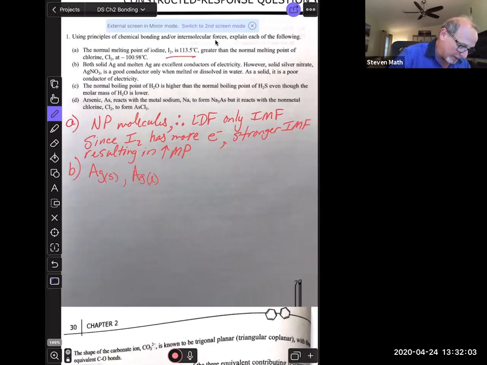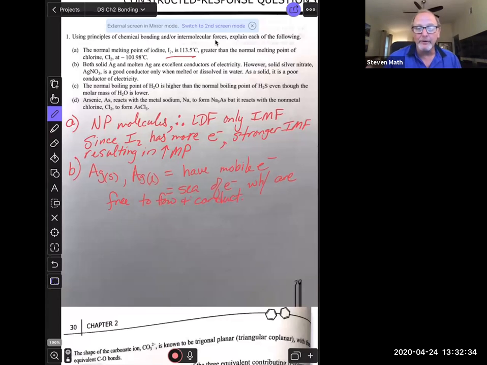How come? Because Ag solid and Ag liquid have mobile electrons. That's also described as a sea of electrons which are free to flow and conduct. So why do they do it? They do it because. Now, we could come back also and say, why does AgNO3?